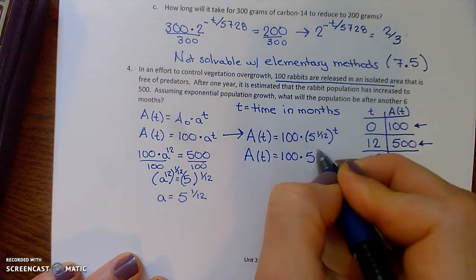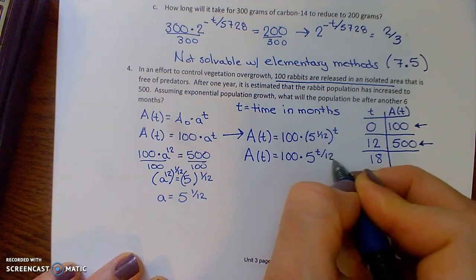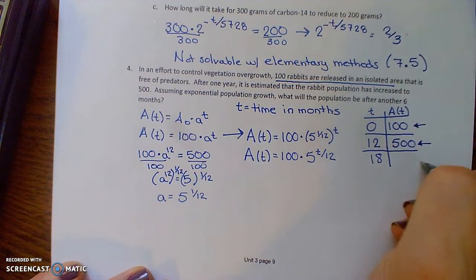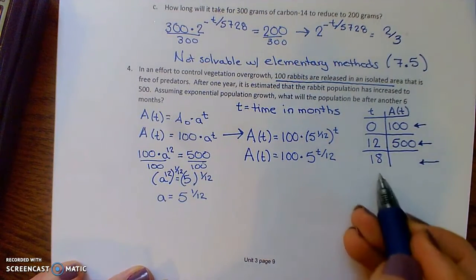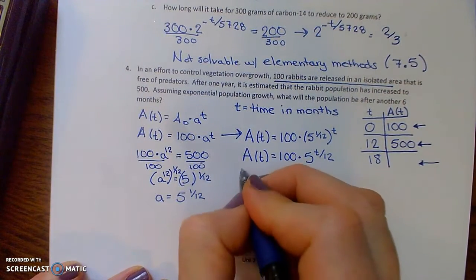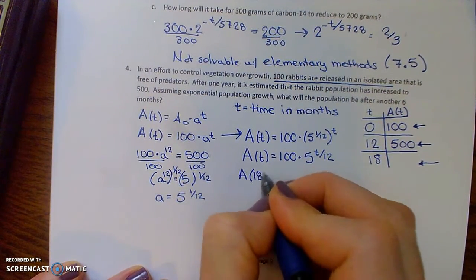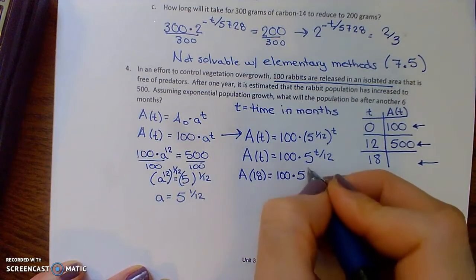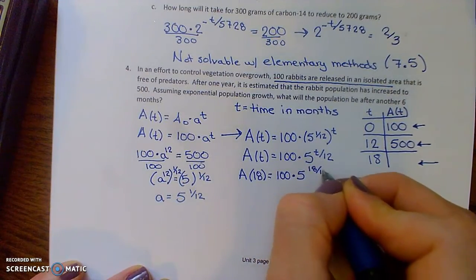That'll be 100 times 5 to the t over 12. All right, next thing we want to do is now use this data point, plug in 18, and figure out what we would get for the output. So A of 18 would be 100 times 5 to the power 18 over 12.